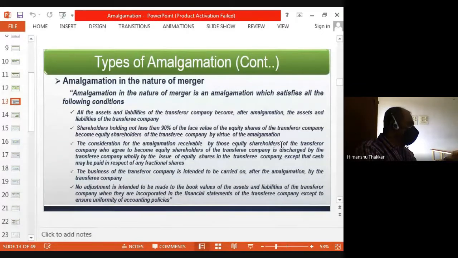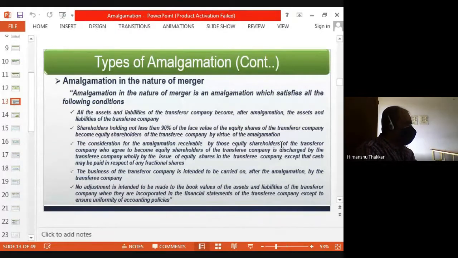Now, one thing you must be very clear about: when can you sell your business to me? When your shareholders agree. When will they agree? When against their existing shares of B Limited, I give them new shares of A Limited. Then only they will agree. Otherwise, why would they say yes? They are already shareholders of a company. They will allow their shares to go away when they know that they will get new shares of A Limited.